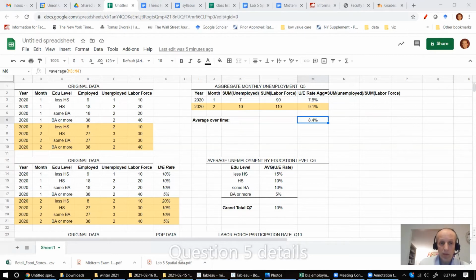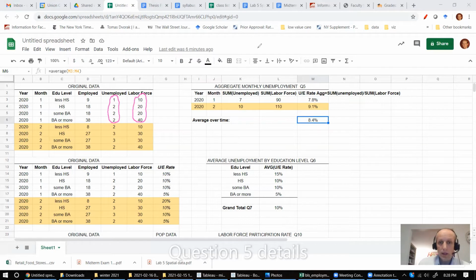So I need to add up these 4 numbers over here and divide that by the sum of these numbers over here. And that's going to give me the aggregate unemployment rate in January 2020.